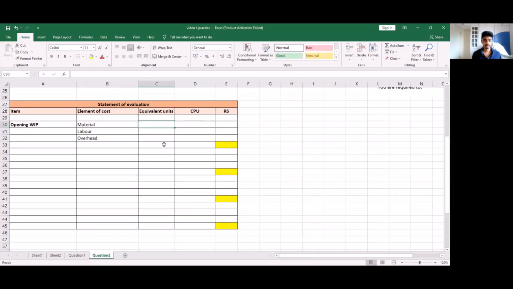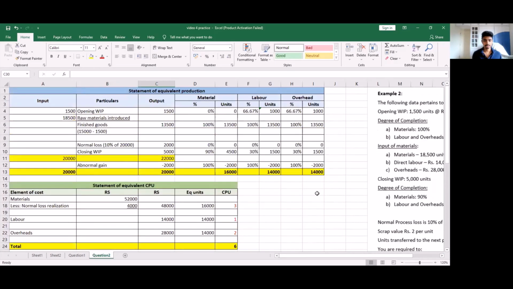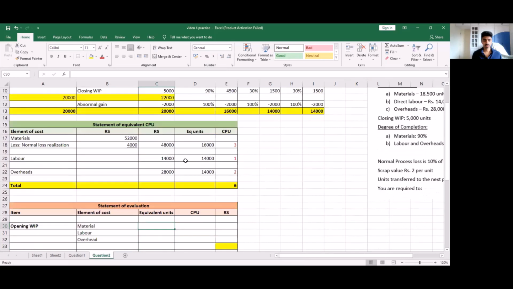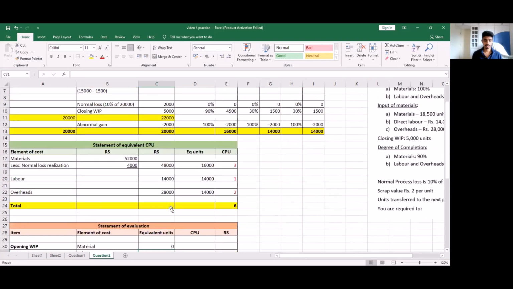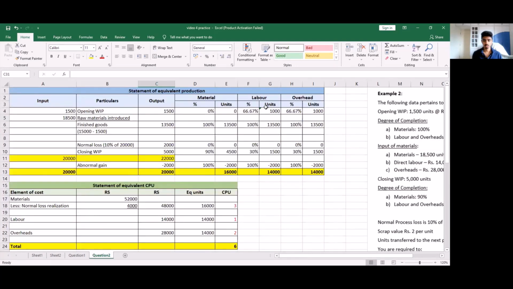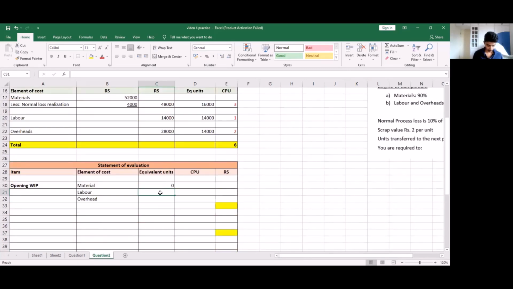Now, equivalent units, we will take from our statement of equivalent production. So the equivalent units for materials is 0. So we will just write 0. Next, opening work in progress labor equivalent units is 1000, and so is for overheads. So we will write 1000 units for labor and 1000 units for overheads.